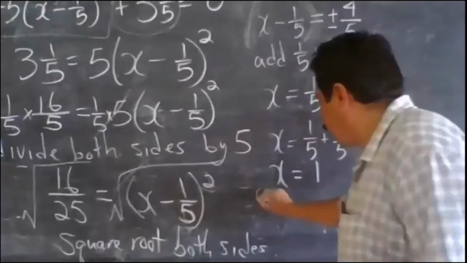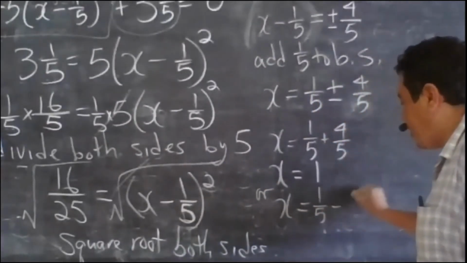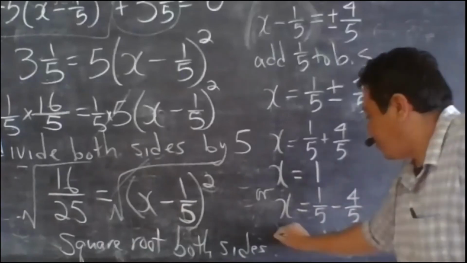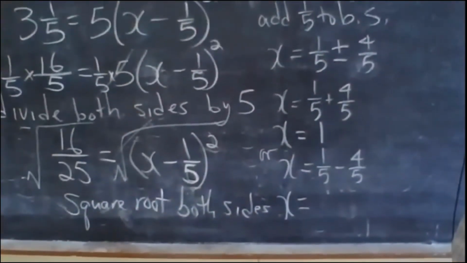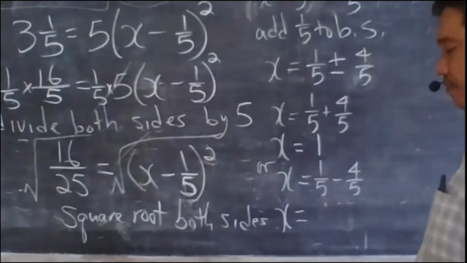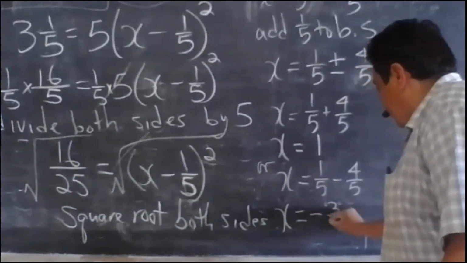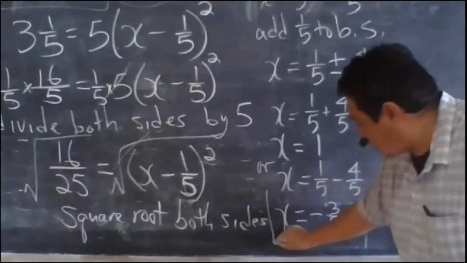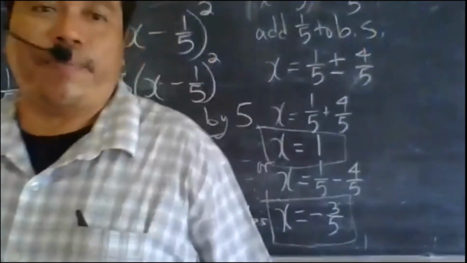Or x is equal to 1/5 minus 4/5, which gives me what? Negative 3/5. Right? So this and this are my answers, my possible answers.